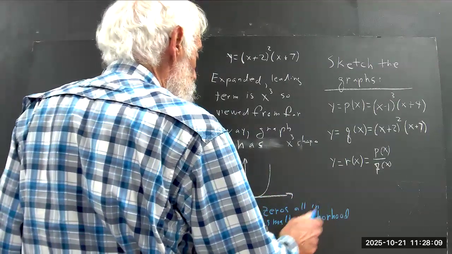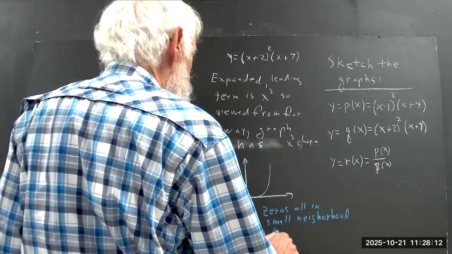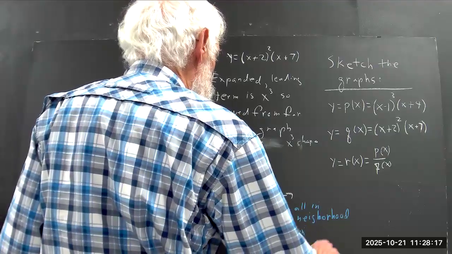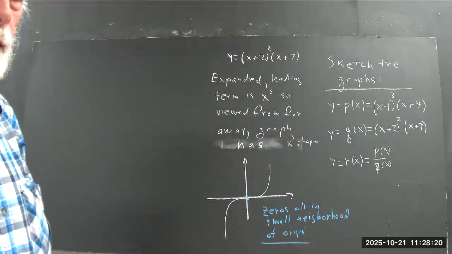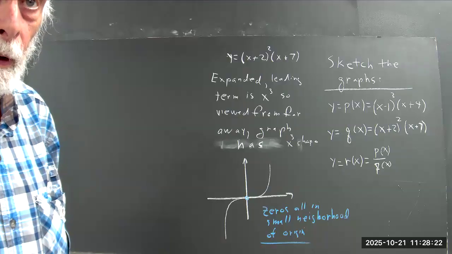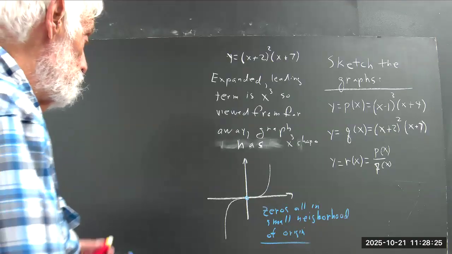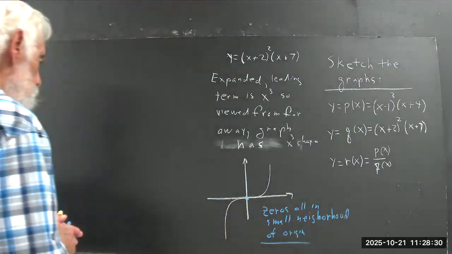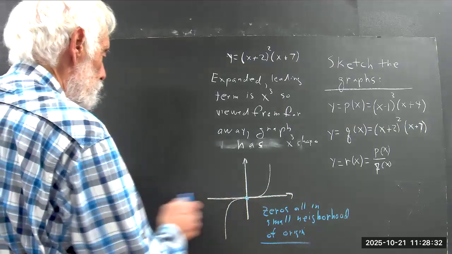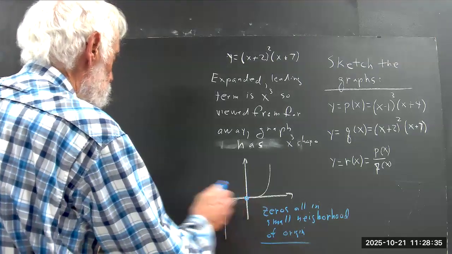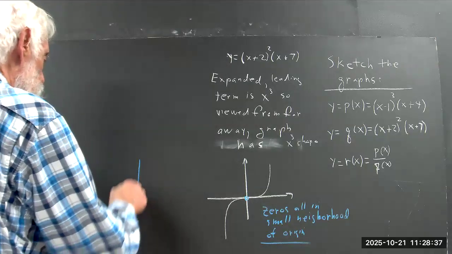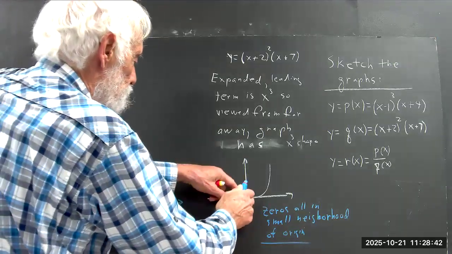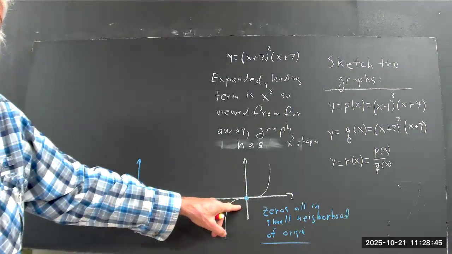All zeros are in a small neighborhood of the origin. Okay. Matter of fact, all intercepts are in a small neighborhood of the origin. So now we want to look at this small neighborhood. So I've got that indicated by a blue circle. So I'm going to draw a blue graph to indicate that we're now looking at this tiny neighborhood here.